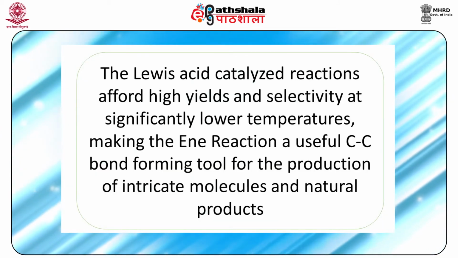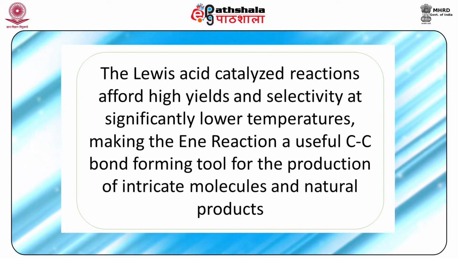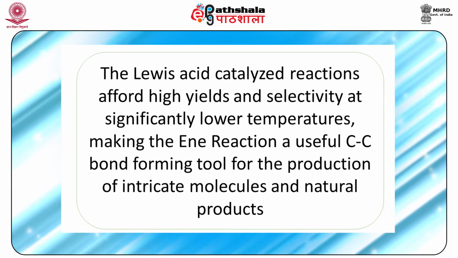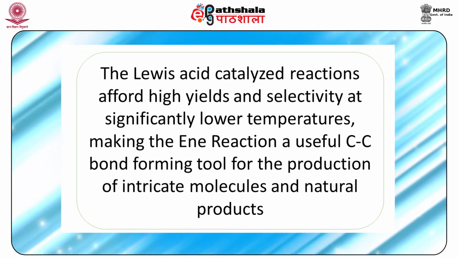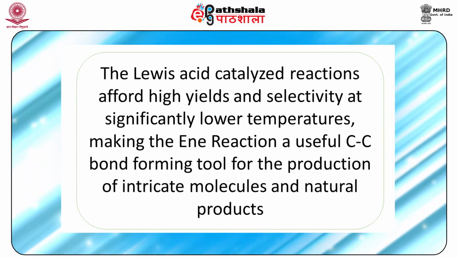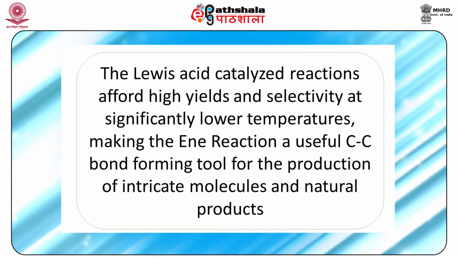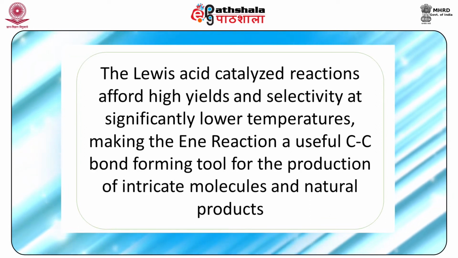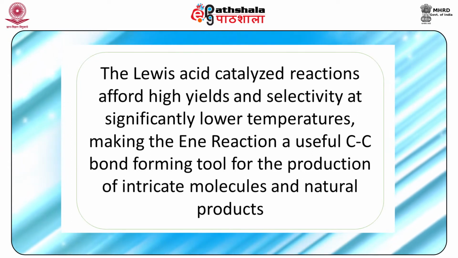The Lewis acid catalyzed reactions afford high yield and selectivity at significantly lower temperatures, making the ene reaction a useful carbon-carbon bond forming tool for the production of intricate molecules and natural products.